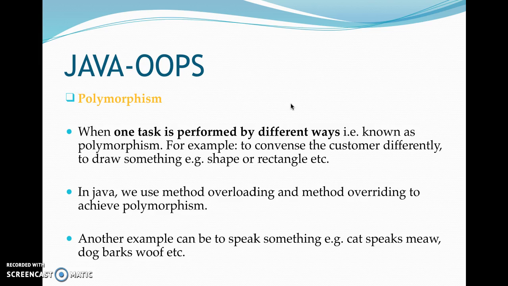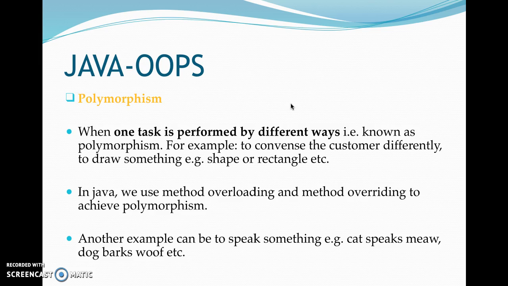Another example is speaking. For example, a cat speaks meow, a dog barks woof, etc. But they all speak. So we can have the speak attribute in the base class, which can be called from an object by inheriting this base class in a dog class as well as in a cat class.